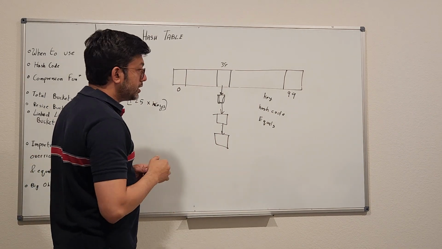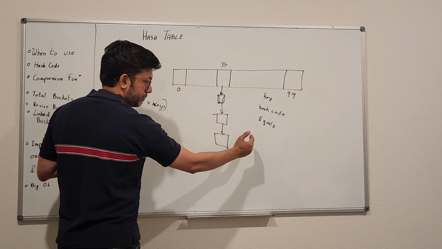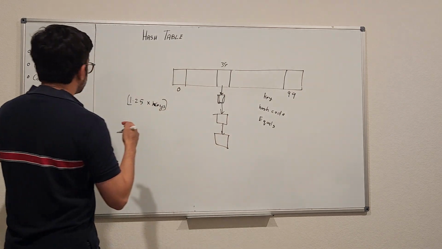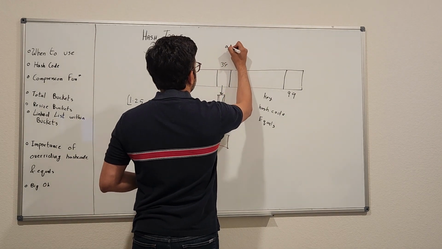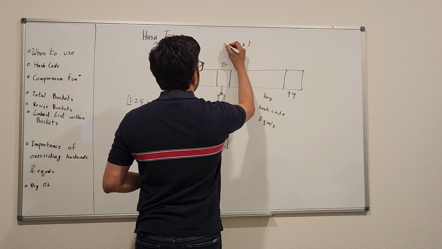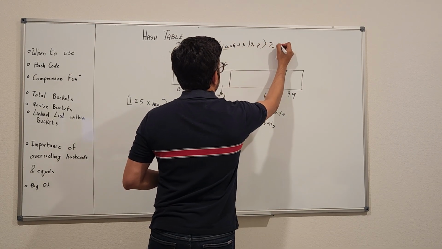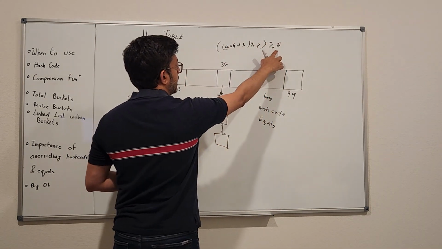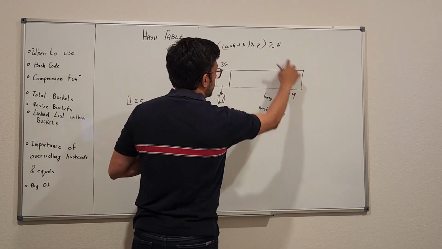Now one thing to remember is you cannot directly copy, because if your array size becomes double, your n changes. The bucket number has a factor n, right? (a times h plus b) mod p, mod n. So everything else will remain the same, but n will change. If I go from 100 to 200, this will change.